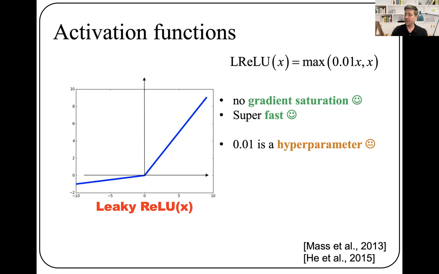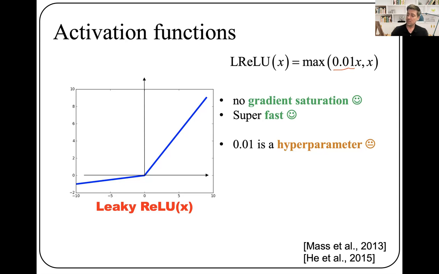So the Leaky ReLU is a small modification of the ReLU, where instead of computing the max between 0 and x, you compute the max between a small factor times x and x itself. Okay, so what does that mean?